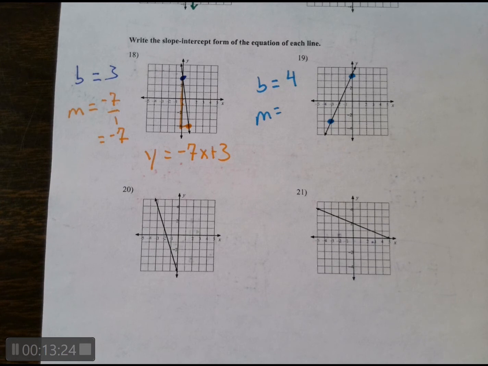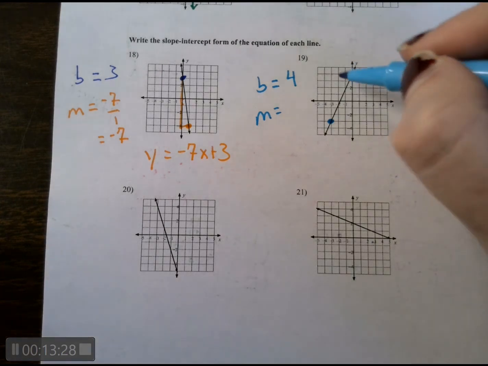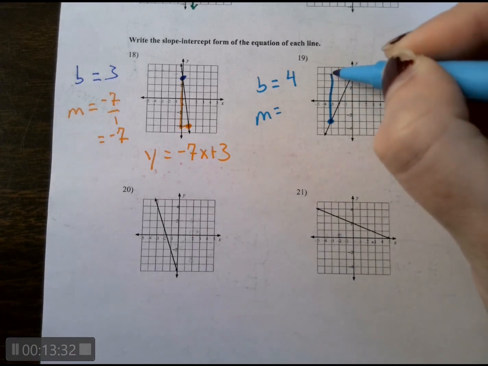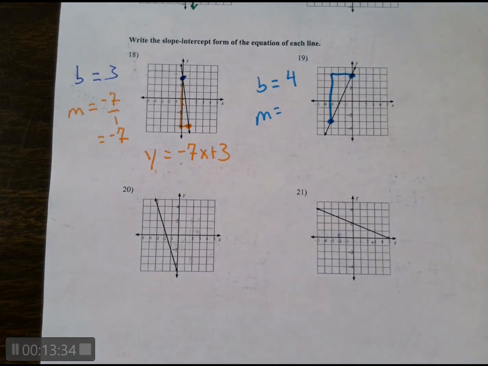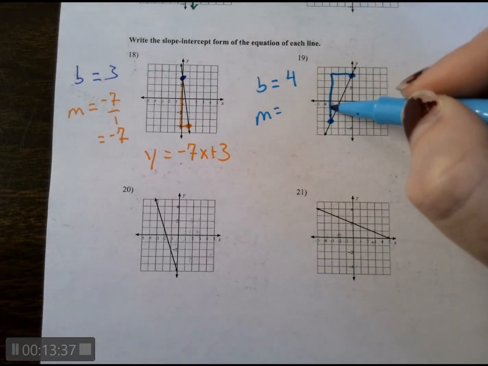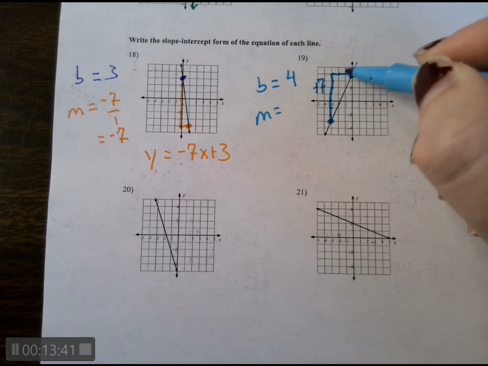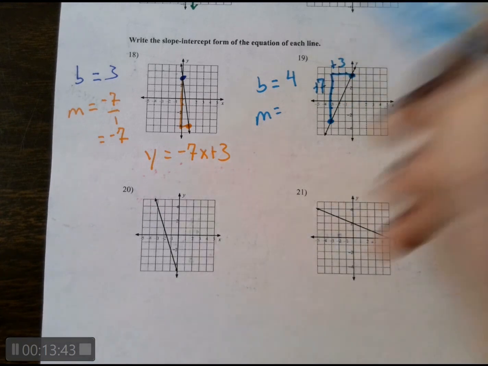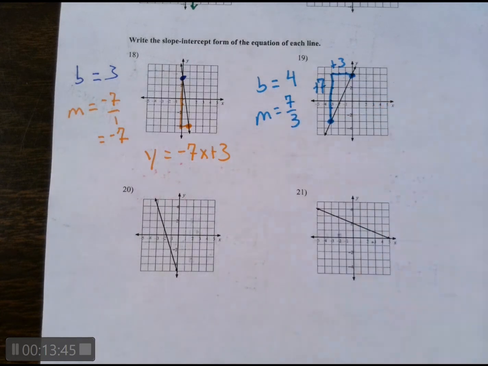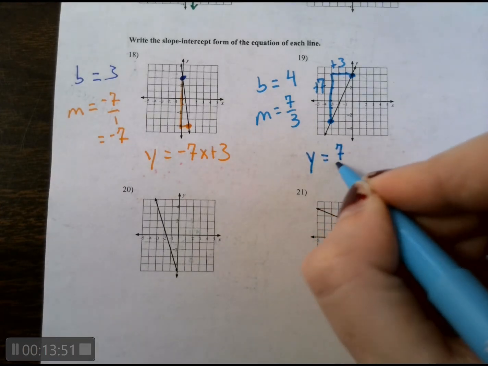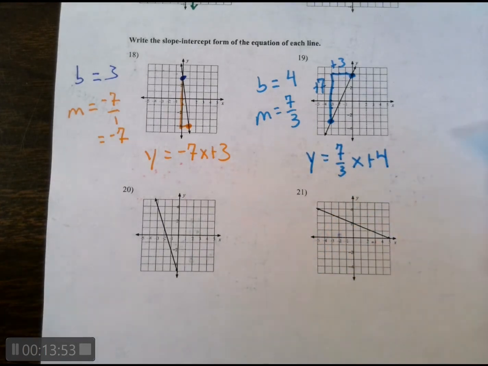Just find the most pretty point to you, and then you can simplify it if you need to, if it's not completely obvious, which is what I think is going to happen here. Okay, so then you draw your triangle and count up 1, 2, 3, 4, 5, 6, 7. Oh, and then 1, 2, 3. Awesome. So then our slope is going to be 7/3, which is why I could not find another pretty point. So then y equals 7/3x plus 4.